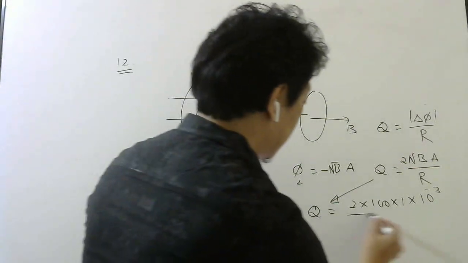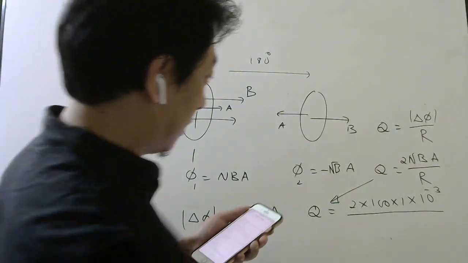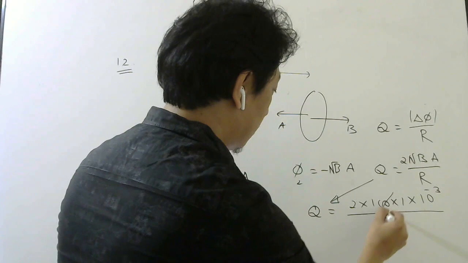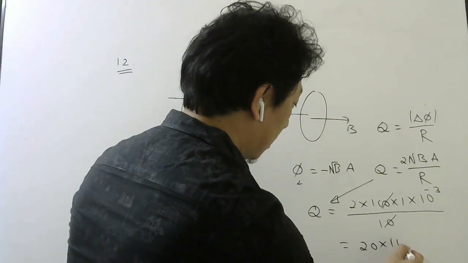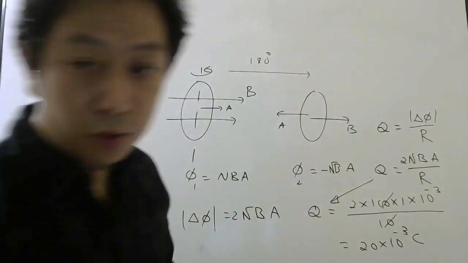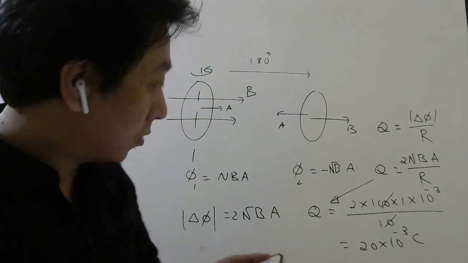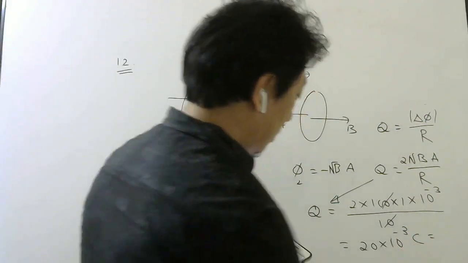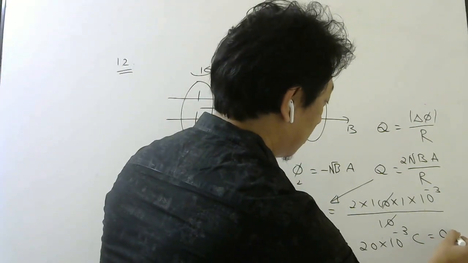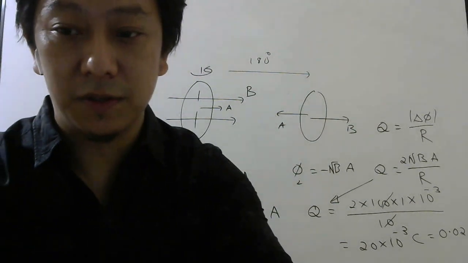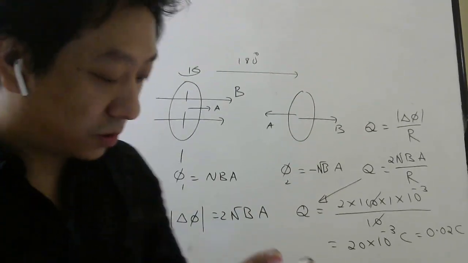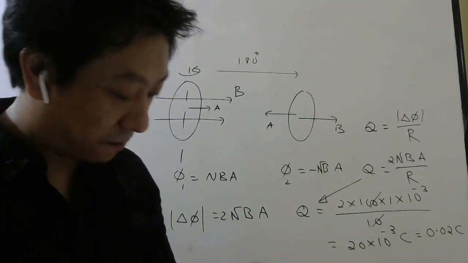Resistance is given 10. The 10 will cancel here. So that will be 20 into 10 power minus 3 coulomb. So 20 millicoulomb you can write, or you can write 2 into 10 power minus 2, so 0.02 coulomb. Which option will it be? Option B.